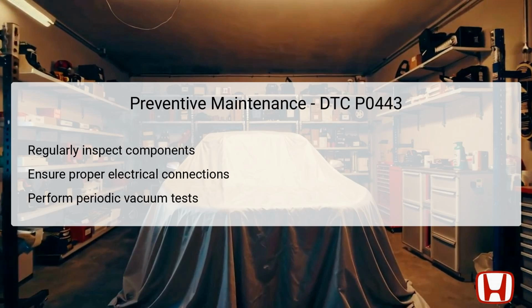Additionally, ensuring that all electrical connections are secure and free from corrosion is integral to maintaining circuit integrity. Performing periodic vacuum tests can help ensure that the purge valve is functioning correctly and not allowing excess pressure in the system. By implementing these practices, owners can extend the lifespan of their EVAP components and enhance overall vehicle reliability.